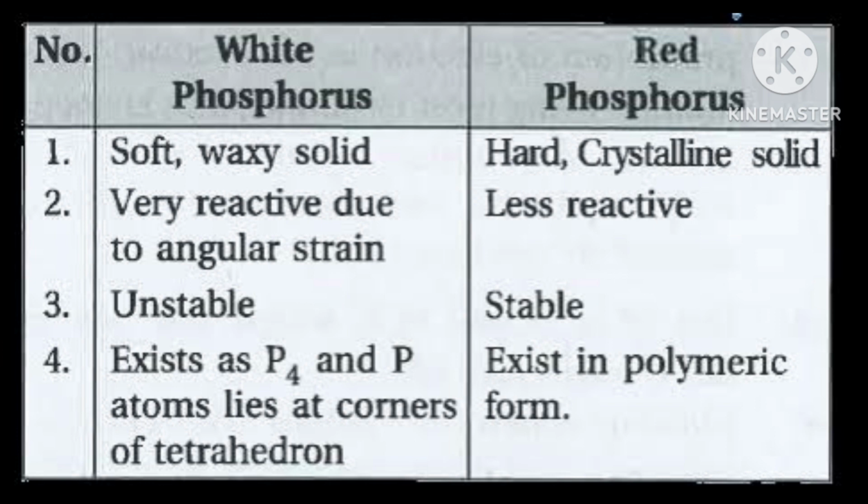White phosphorus dissolves in boiling sodium hydroxide solution in an inert atmosphere, giving PH3, that is called phosphine gas, a poisonous gas. P4 plus 3NaOH plus 3H2O gives PH3 plus 3NaH2PO2.